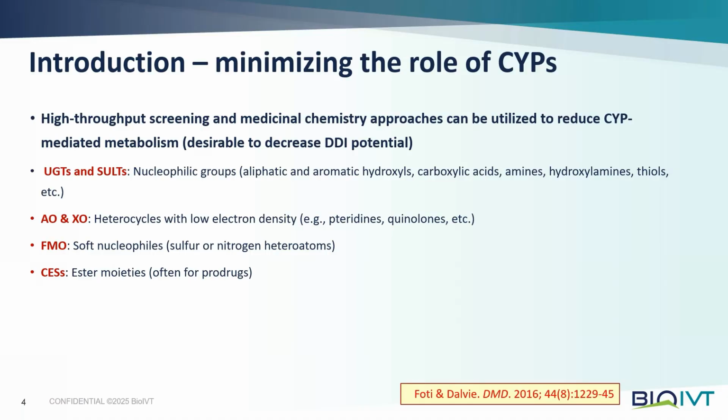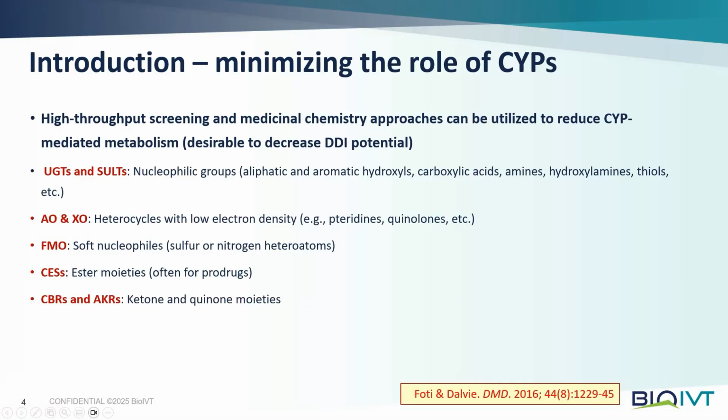I won't highlight a case of that in particular today, but I'll overview the general approach for addressing FMO enzymes. And for carboxylesterases, these are essentially just ester moieties that are often used for prodrugs, and that strategy has been employed in a number of cases. Carboxylesterases, there are only two enzymes in humans, a couple of polymorphic forms, and they are expressed mainly in the liver and the intestine. I'll cover a little bit about those later.